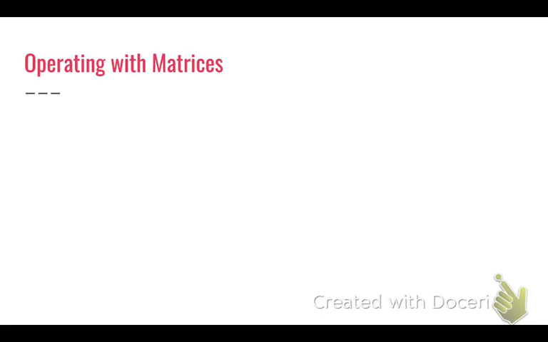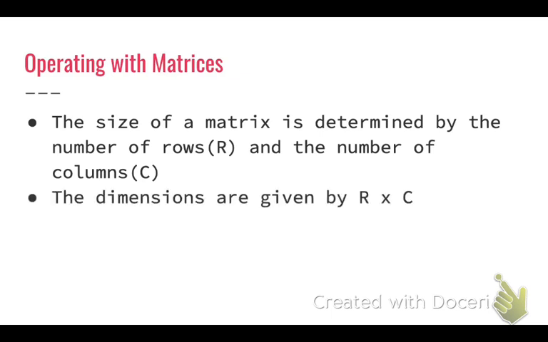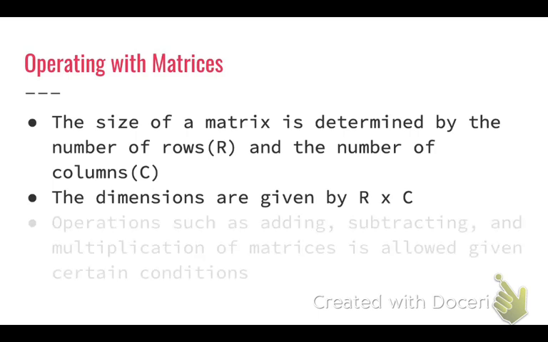mathematically. So operating with matrices, the size of a matrix is determined by the number of rows and the number of columns. The dimensions are given in the notation number of rows first, then we use the X or the multiplication symbol in the middle, and then the last number would be the number of columns in the matrix.